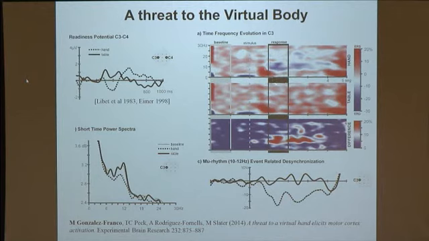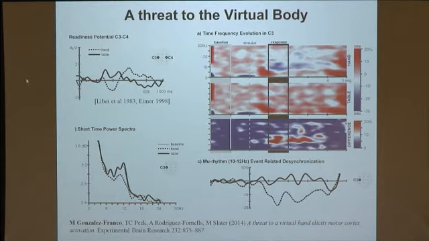And here we can see the baseline versus the response, 1 second short-time power spectrum. We see clearly there is a motor preparation here, similar to the motor imagery if you have worked with brain-computer interfaces.